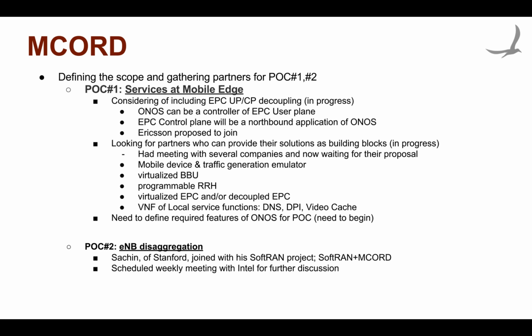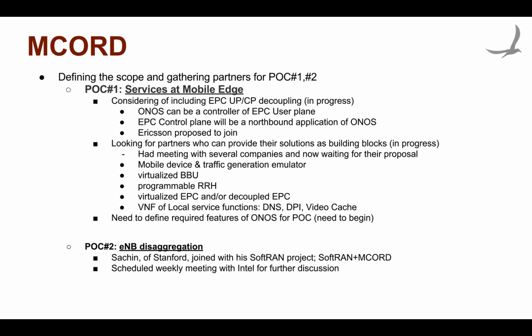And we also need lots of virtualized network functions, for example DNS, DPI, and video caching services. And the most important thing is that we need to define some required features from ONOS for this POC. I think we can do that after this planning. Some features should be added to ONOS, and I need help from the core team for this one.